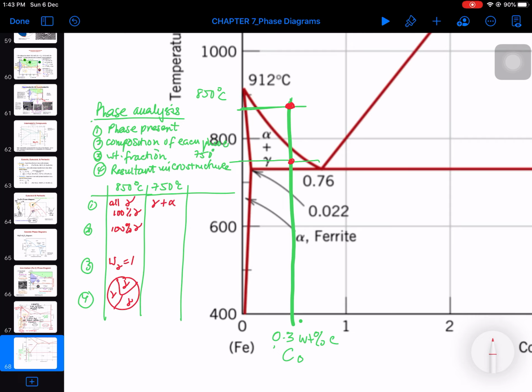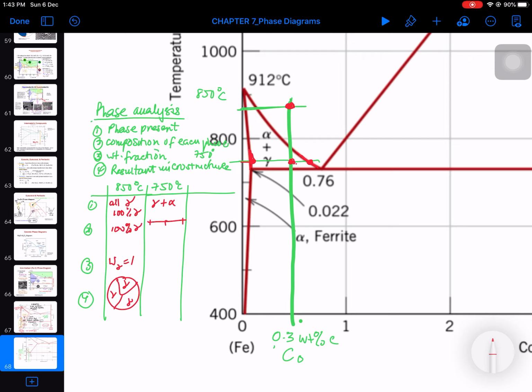Now when it is in the two-phase region, we can apply the lever rule. So let's quickly do the lever rule here. Lever rule needs 3 points. So use 1, 2 and 3, because this is the line that crosses these boundaries, and this is the point that crosses this boundary.